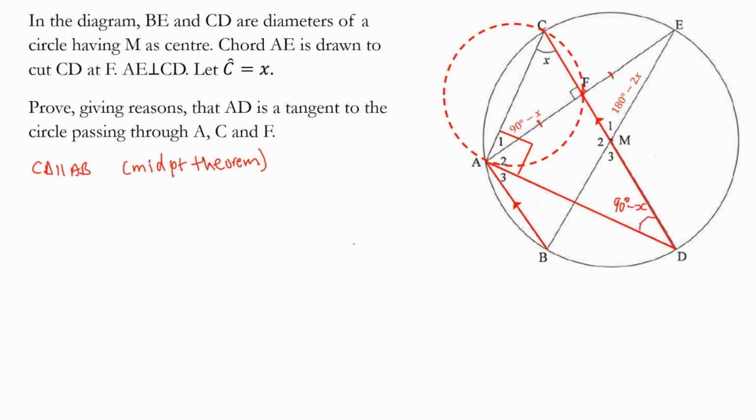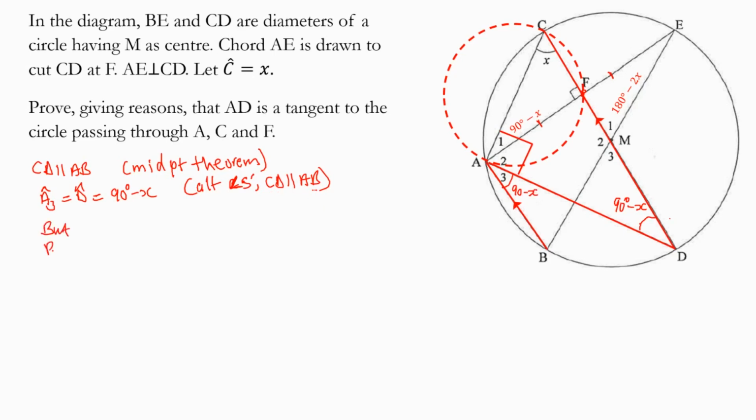Angle A3 and angle D are alternate angles. So angle A3 is equal to angle D, which is equal to 90 degrees minus x, because they're alternate angles. And CD is parallel to AB.